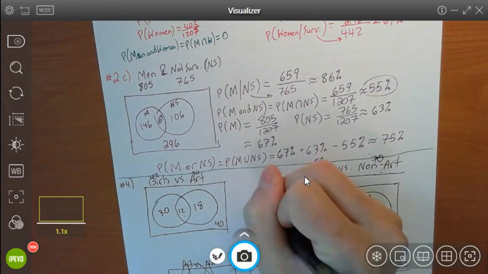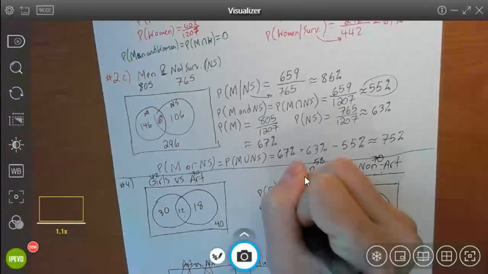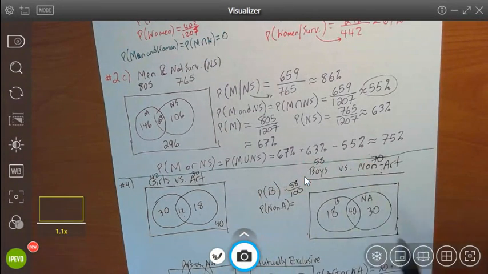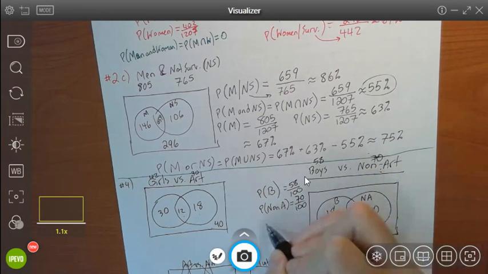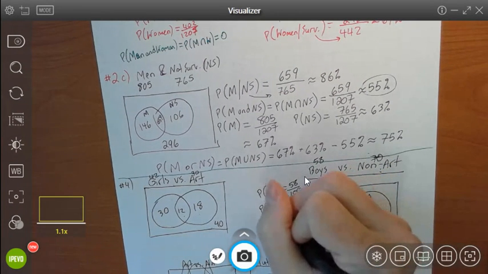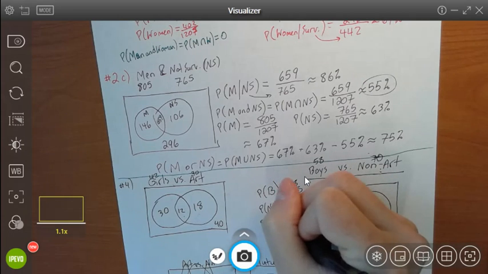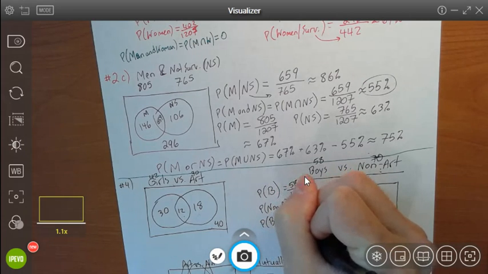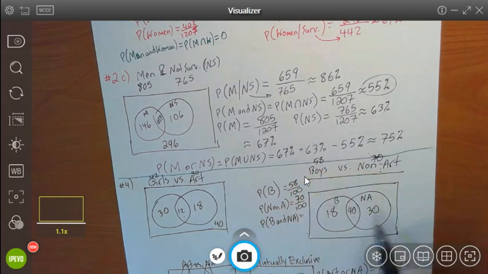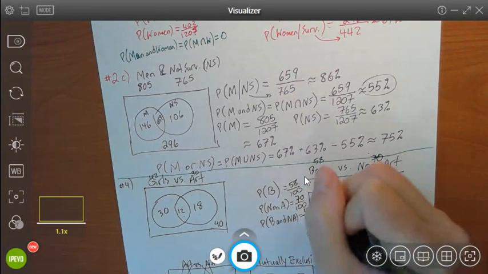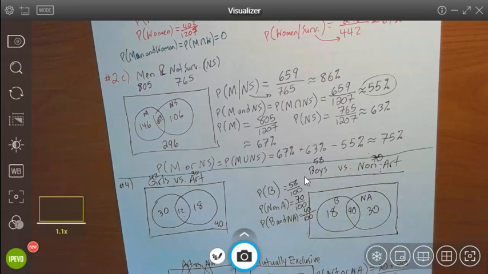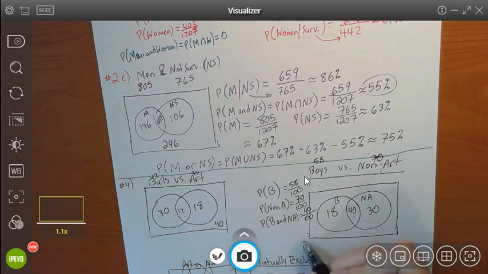The probability of non-art was 70 out of 100. The probability of being a boy and non-art, well, that's the 40 in the middle. 40 out of 100.